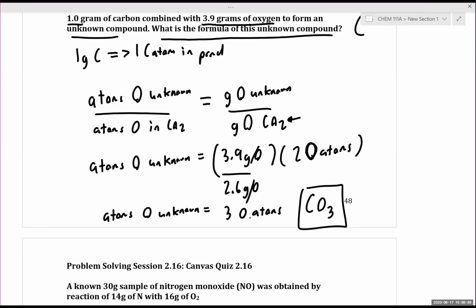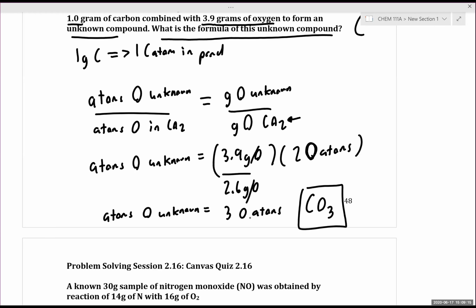In this case, we know that when 2.6 grams of oxygen reacts, 2 oxygen atoms end up in our final formula. That helps us figure out how many atoms end up in our formula when 3.9 grams of oxygen reacts. Does that make sense? Yeah, so right here it's just 3.9 times 2 divided by 2.6. Yep.